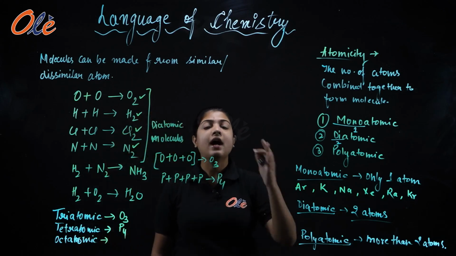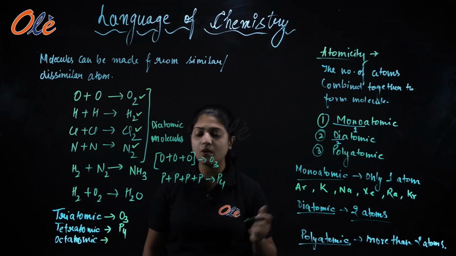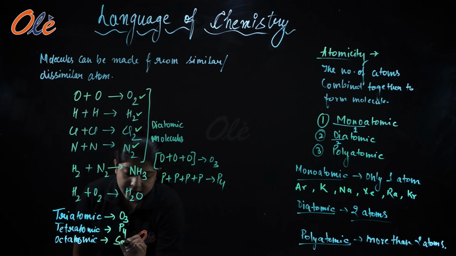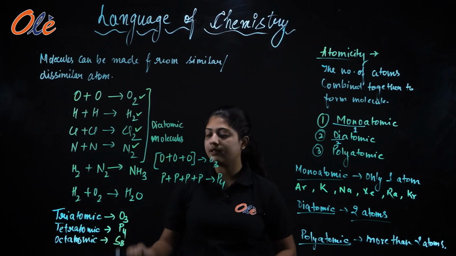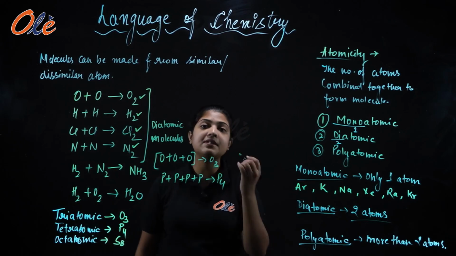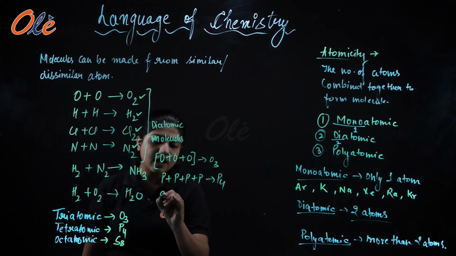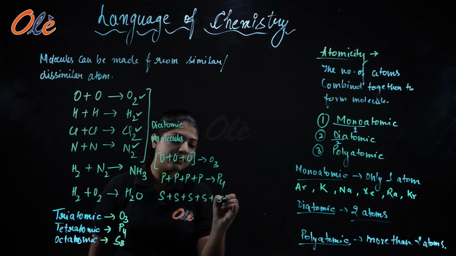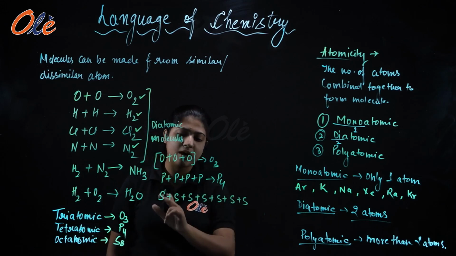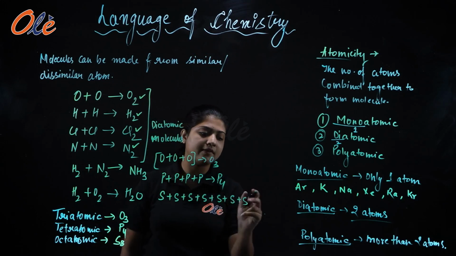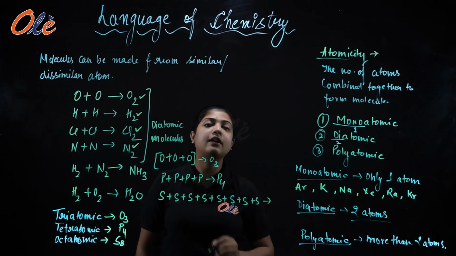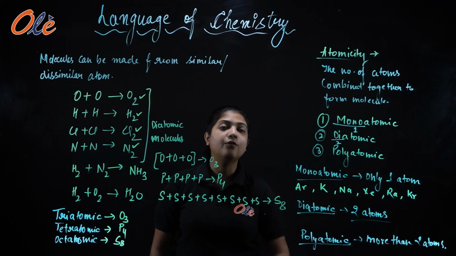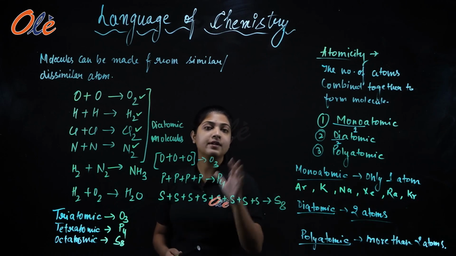That means 8 atoms are required to form one molecule. So it is S8, that means sulfur. Sulfur's 8 atoms, 1, 2, 3, 4, 5, 6, 7 and 8 atoms are required to form one molecule of sulfur.